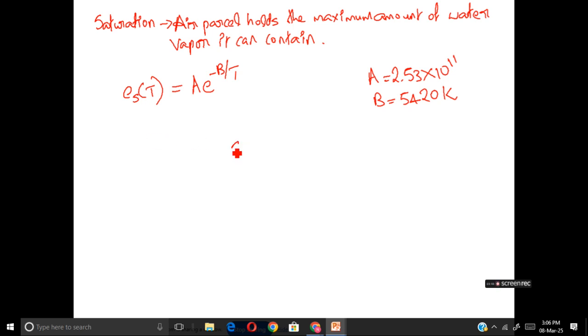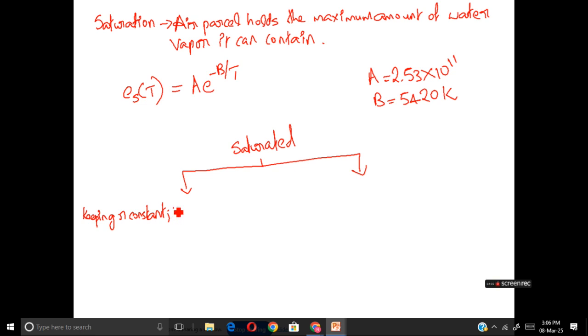And we learned there are two ways in which an air parcel can become saturated. One way is keeping R constant, which means the mixing ratio of the parcel is not changing.